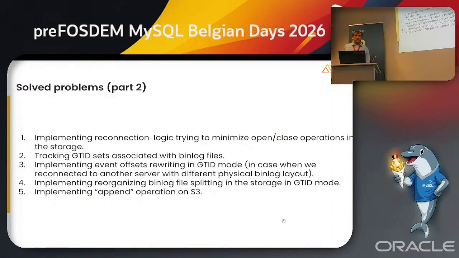It helps a lot with those search tasks I mentioned for our operators team, for searching files for certain GTID sets. And those files also include the minimal and maximum timestamp of binary log events in them. This helps with time-based search.